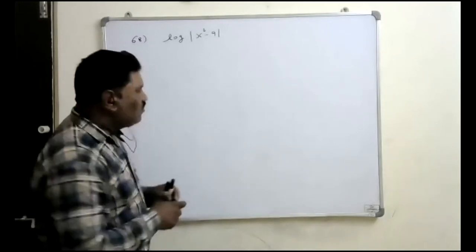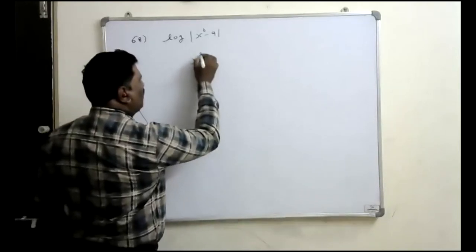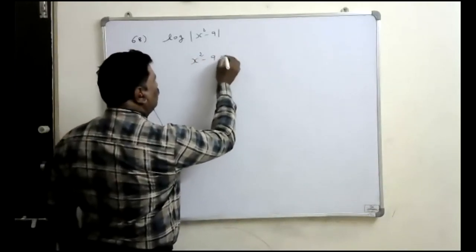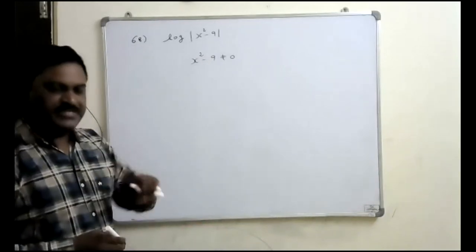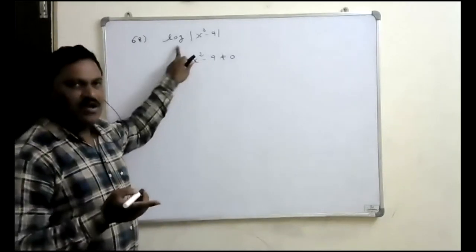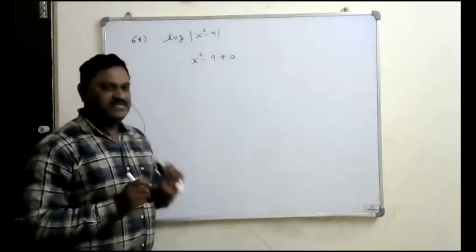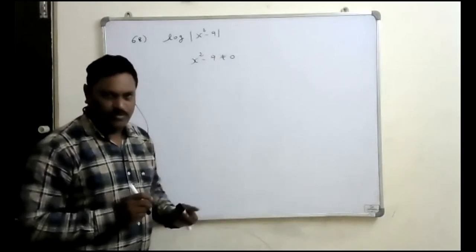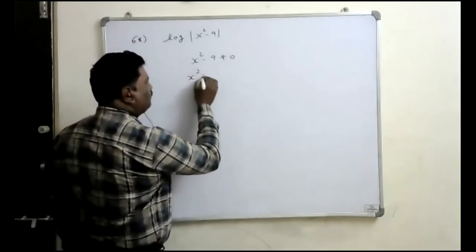Here we have to consider only the condition that x square minus 9 is not equal to 0. If it is 0, mod 0 becomes 0, and log 0 is not defined. So x square minus 9 should not be 0, that is, x square is not equal to 9.